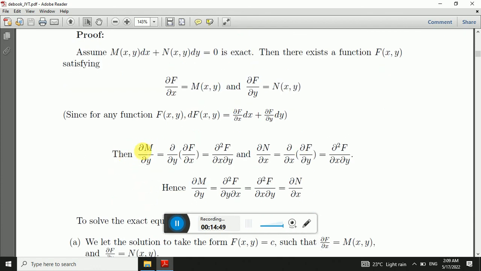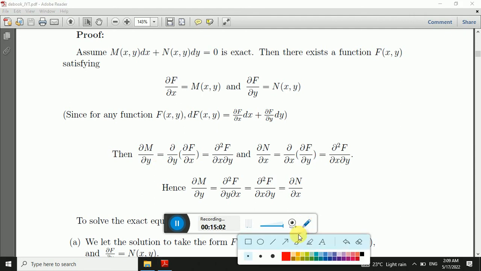So we're here, the partial derivative of M with respect to y. This can be written as partial over partial y, into brackets M. But what is M?